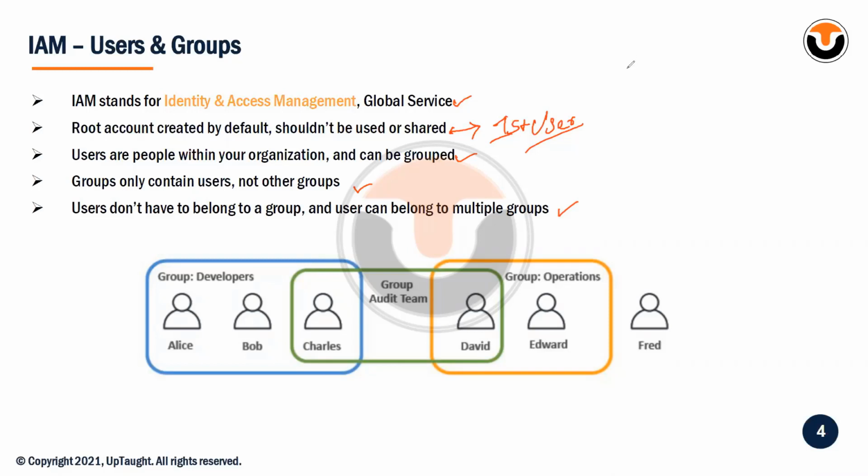So there are two terms we looked at: user group and user. These two are called identities. Not only these, there are two more. We call this an identity, so we are creating an identity inside your IAM.